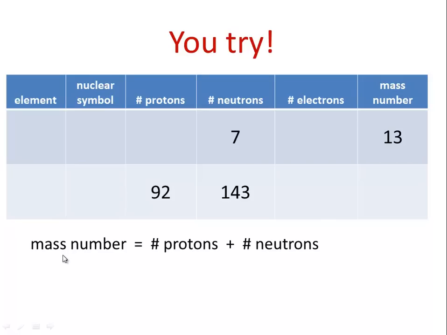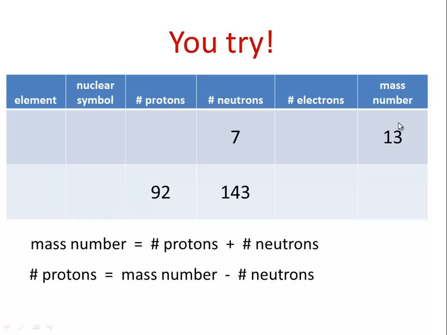In your notes, you should have this definition. Mass number is simply the total of the protons and the neutrons. So if you're trying to figure out how many protons something has, you just do a little algebra. You subtract the number of neutrons on both sides, and you get this: number of protons equals mass number minus the number of neutrons.